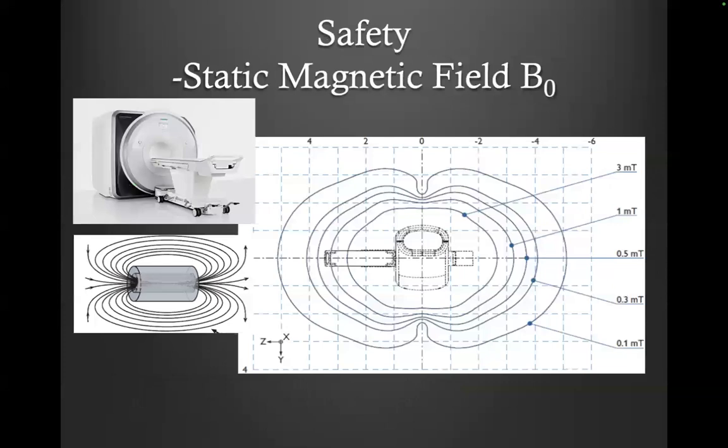But if you still remember, we said that there's a big fringe field with all these horizontally placed magnetic fields. And that is the danger, really. So whenever we design an MRI room, we always have a drawing like this. In the middle, you can see a schematic of an MRI scanner, and around it you see what are called equal magnetic field lines.